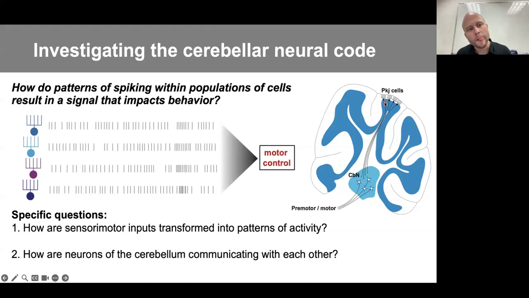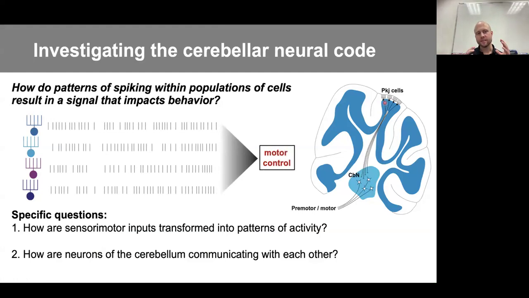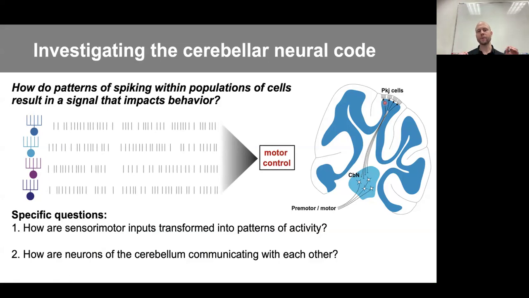The question that really drives me as a neuroscientist is that I want to understand how patterns of spiking within populations of cells in the cerebellum and in the brain in general result in a signal that can impact behavior. Now, that's a very broad question, and we can break that down into two categories of more tractable questions. One thing I want to know is, how are sensory motor inputs transformed into patterns of activity at the level of individual neurons?